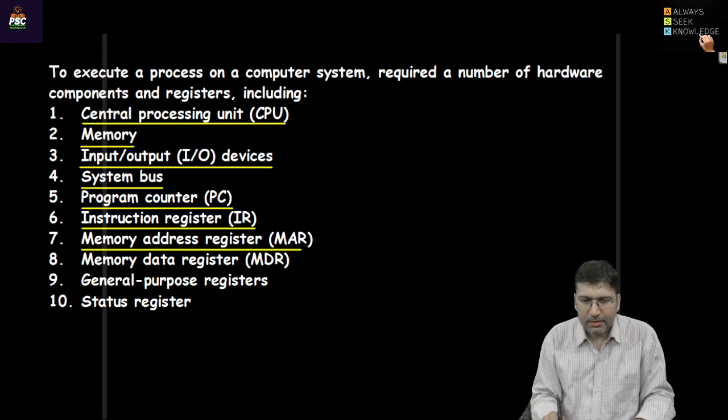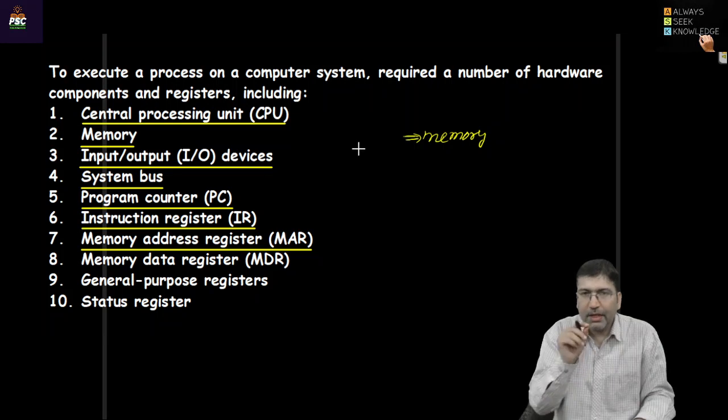Then the memory address register. When a process executes an instruction, if the instruction involves some memory address as an operand, whatever memory address the process is accessing at any point in time will be maintained in MAR. MAR is the memory address register.